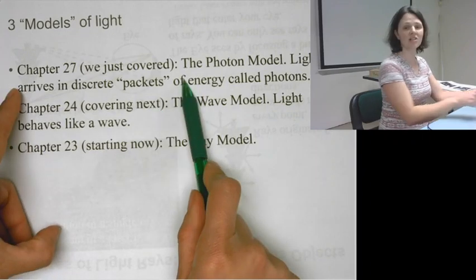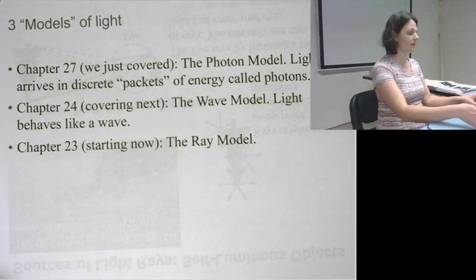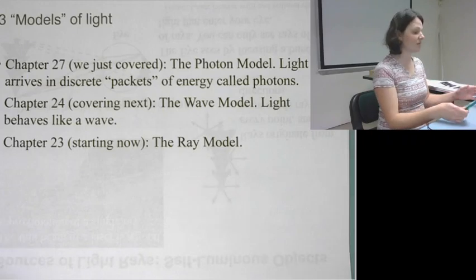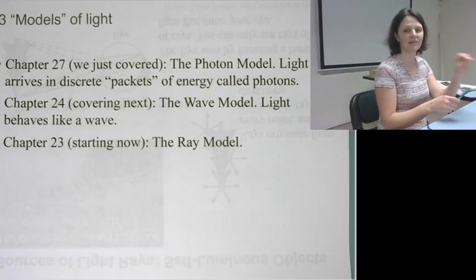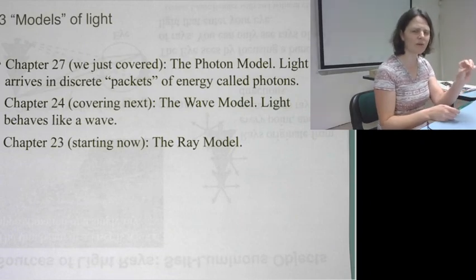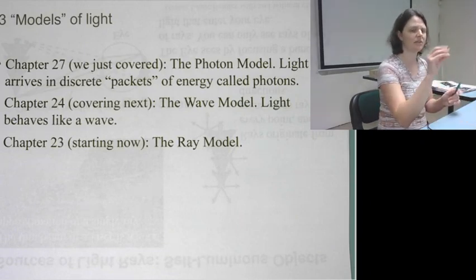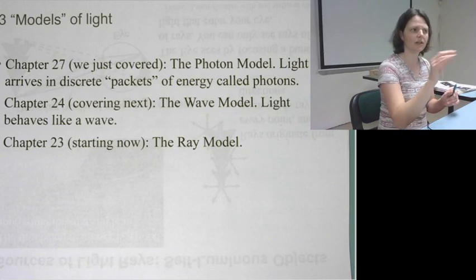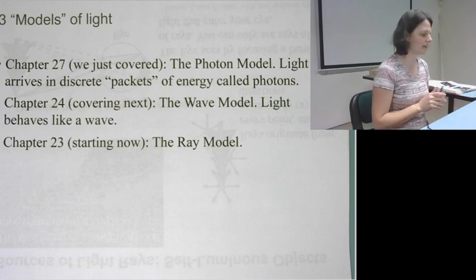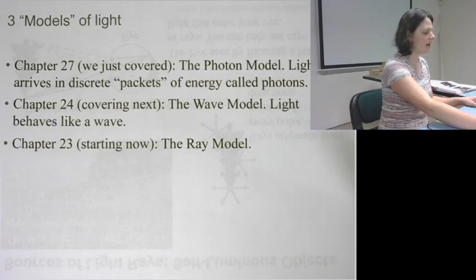We also just talked about the photon model of light, which says that light arrives in these discrete little packets of energy called photons. So this is not a wave, this is a particle, right? Light is like tennis balls hitting up against the wall. There's just billions of them that hit you every second.